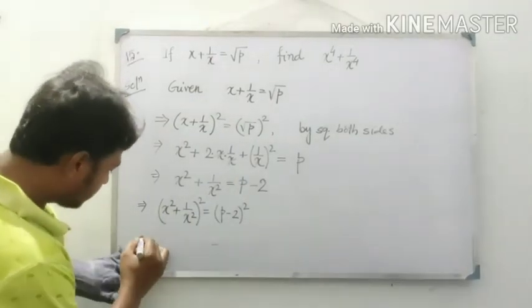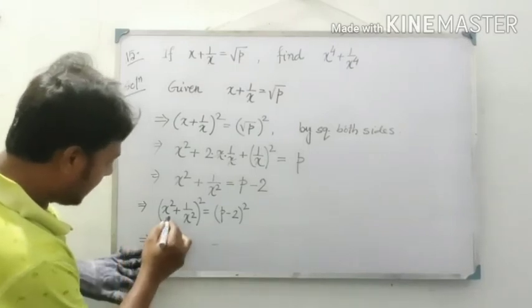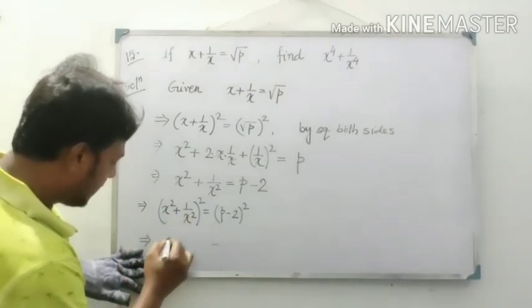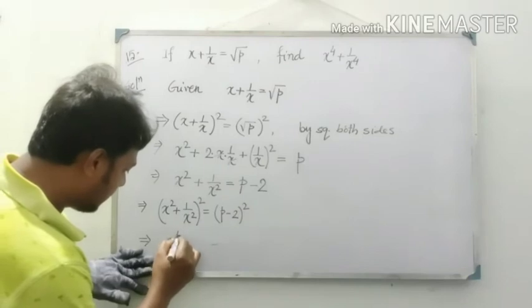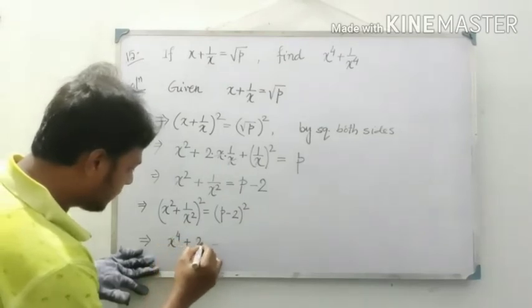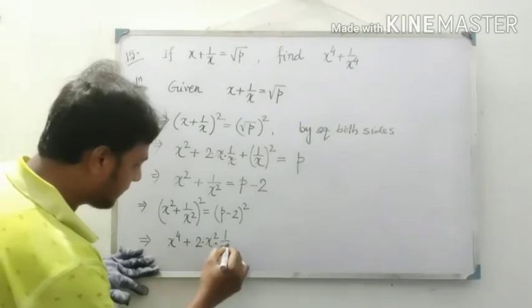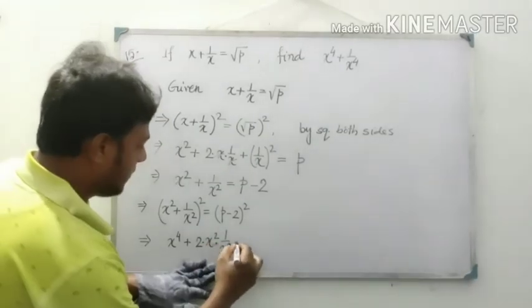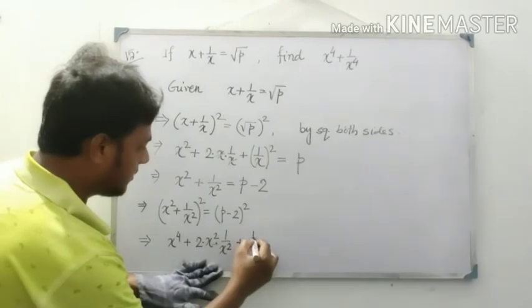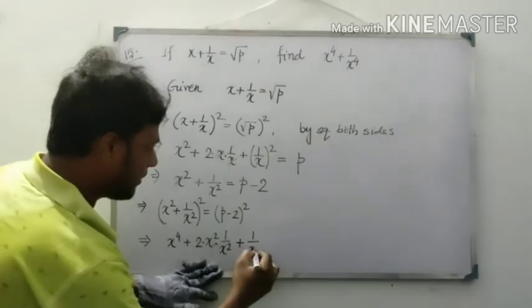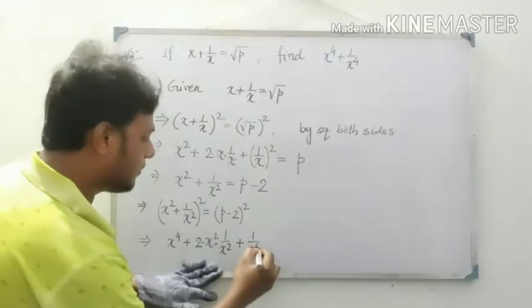Okay. So if we expand this side, again a plus b whole square. So if we consider a square, then it will be x to the power 4 plus 2ab means 2 x square into 1 by x square plus b square means 1 square, which is 1, and x square whole square means x to the power 4.